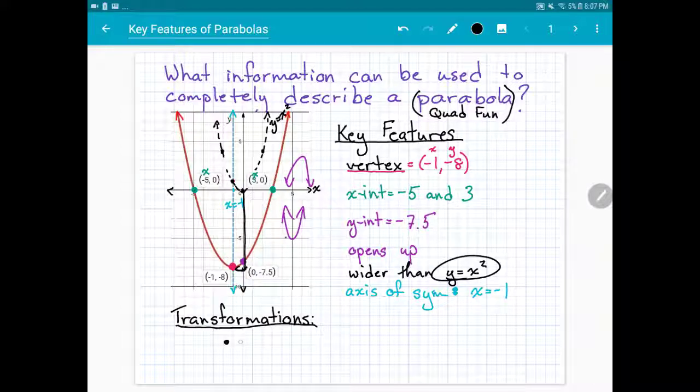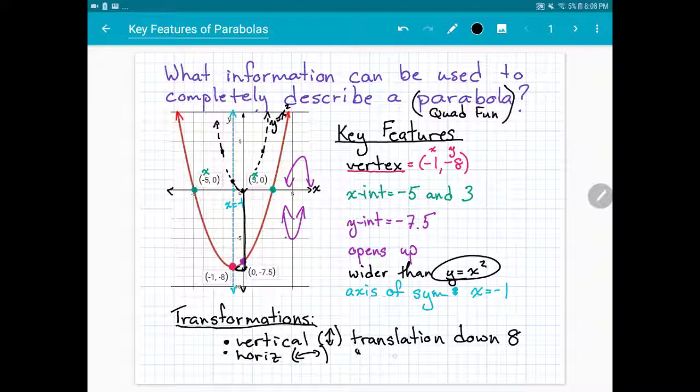So we can say there was a vertical, or up-down, translation, which is a fancy word for shift, down 8. And there was a horizontal, I'm just going to be lazy and use this word again with ditto signs, horizontal translation, left 1.